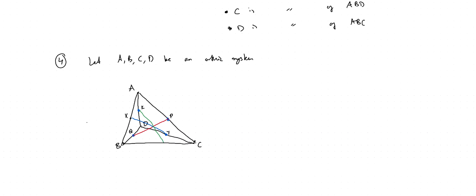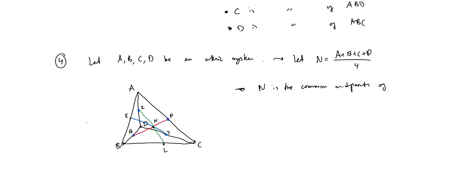Okay. So in an orthic system, this point, let's call it N because it's customary to call it N, and you will see why it's called N. So this is just the centroid of the 4 points, the center of mass of the 4 points with equal weights. N is the common midpoint, as usual, of the midpoints.